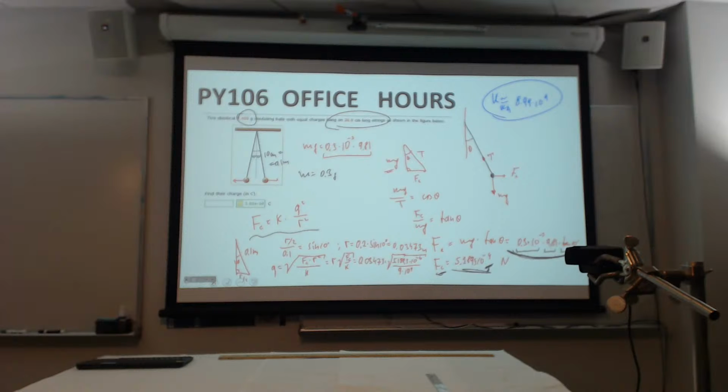Let's check your r again. r over 2 over the hypotenuse, which is 0.1, so 0.2 times sine of 10 degrees. Was it degrees? Yes, degrees. 0.03473 meters.